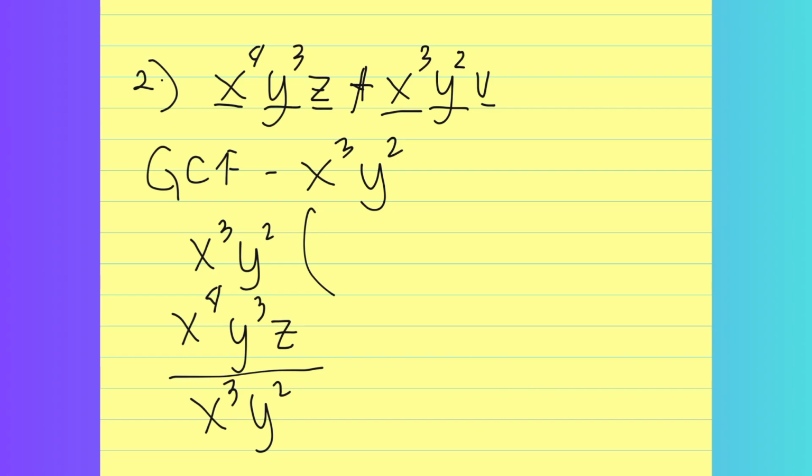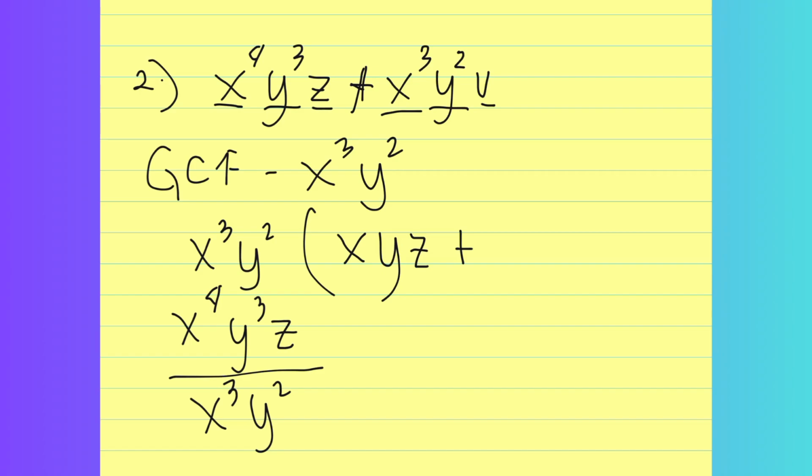So x raised to 4 divided by x cubed, we have x. And y cubed divided by y squared, we have y. And just simply copy the z. Then, since we are using the addition operation, use addition or positive.